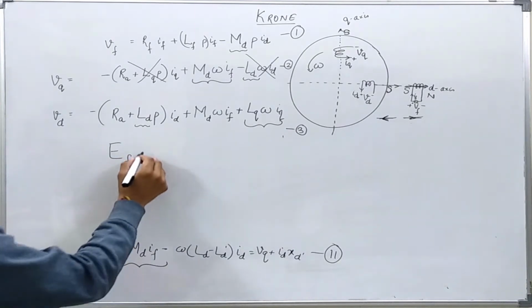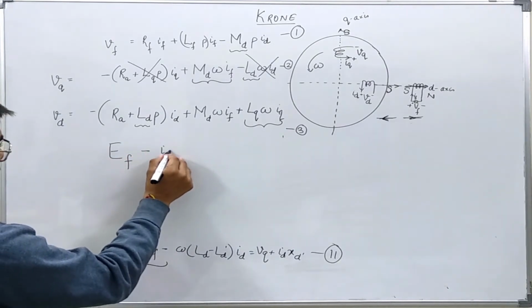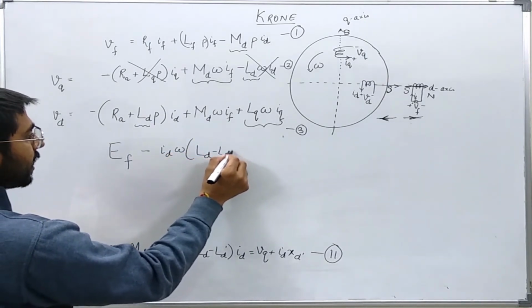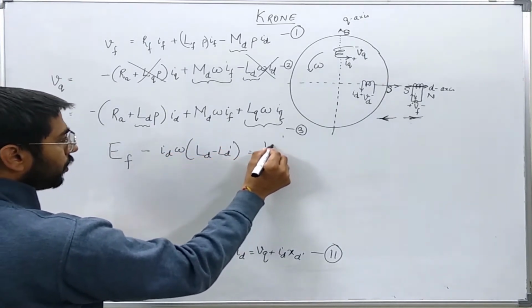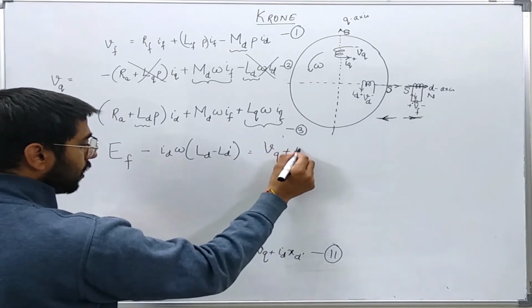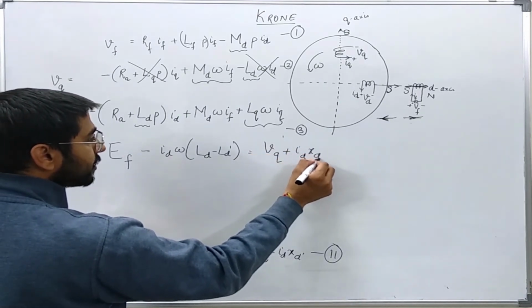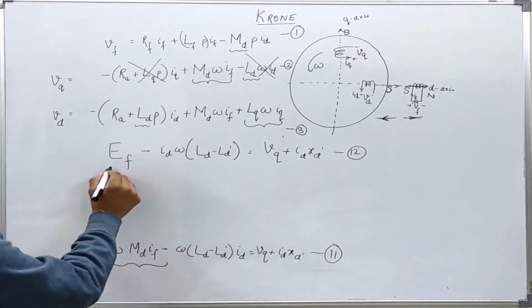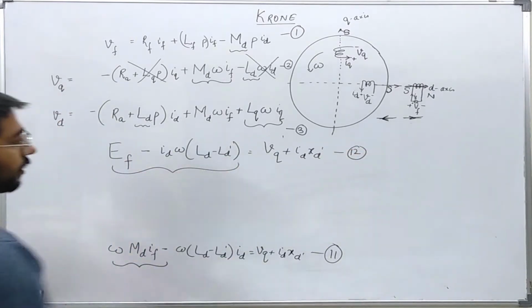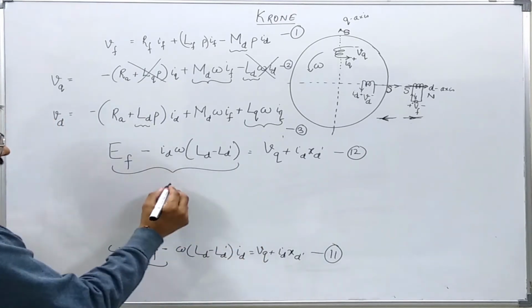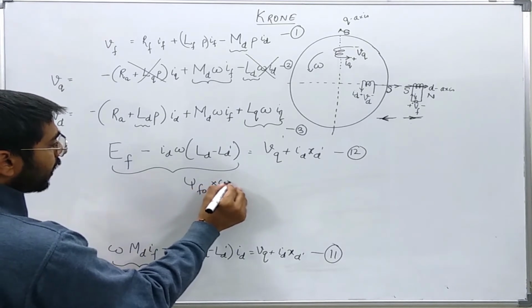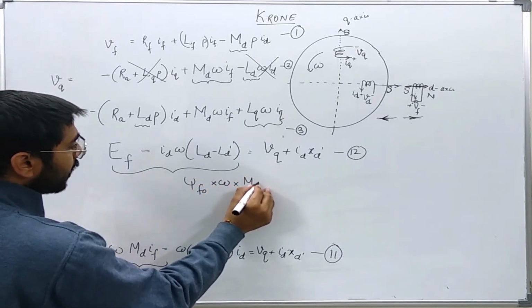Minus ID omega (LD minus LD dash) is equal to VQ plus ID XD dash. This is equation number 12. Now this LHS, as we have seen in our previous slide, was nothing but psi F naught into omega MD over LD.